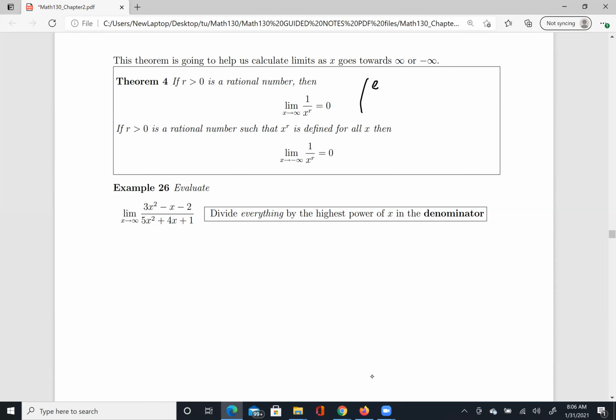So for example, the limit of 1 over x to the power, let's say 3, when x goes to positive infinity, it's still gonna give you 1 over a very large number, and that's still gonna give you a 0.